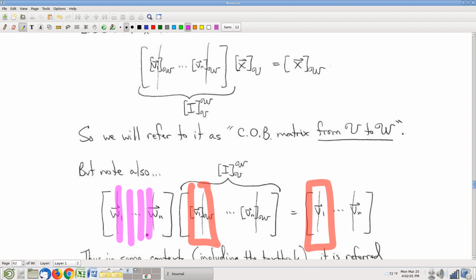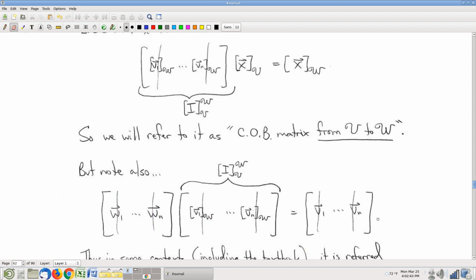And these coefficients here, this first column of coefficients, what this says is, how would you write V1 as a linear combination of the W vectors? So if you take the coordinates that make a linear combination of the W vectors into V1, and you take that linear combination of the W vectors, you get V1. So this works, right? And likewise for the other columns. So this works in all the columns. So, look, the book's not wrong in that sense.